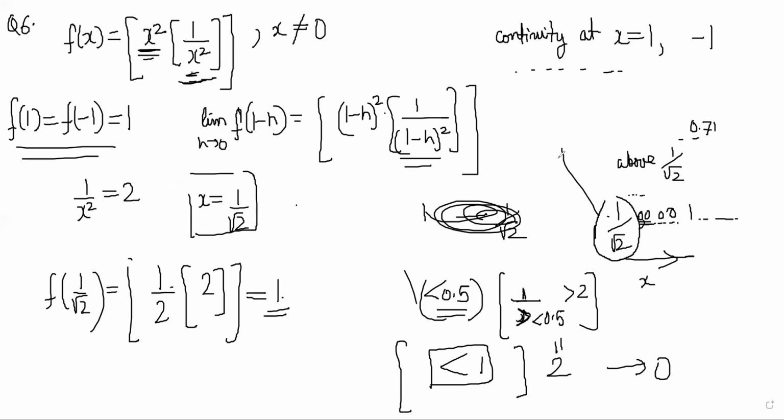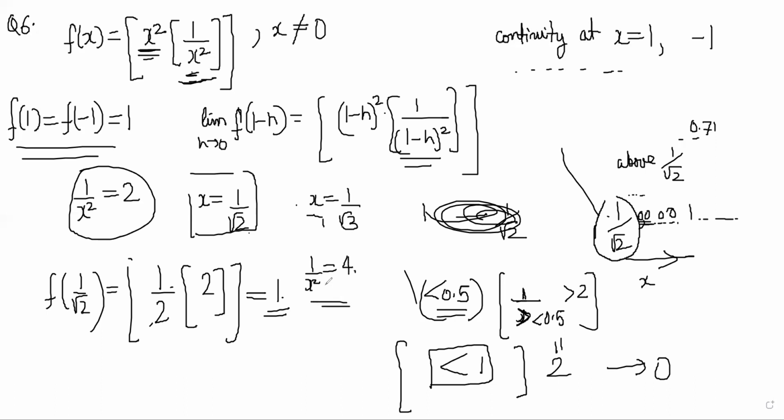Similarly, wherever this happens, x could also be 1 by √3. Then from 2 to 3, at that point it will be different. The f values are becoming 1 at all points where these numbers cross integers, right? That will happen at 1 by √2, 1 by √3, 1 by 2, because 1 by x square could be 4, right?